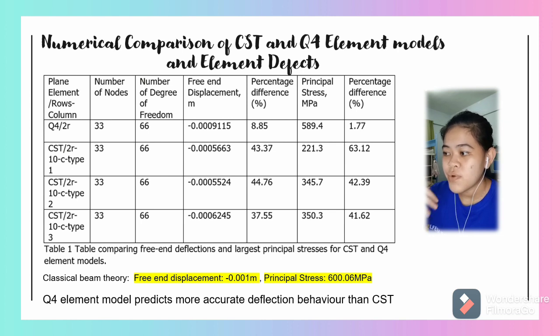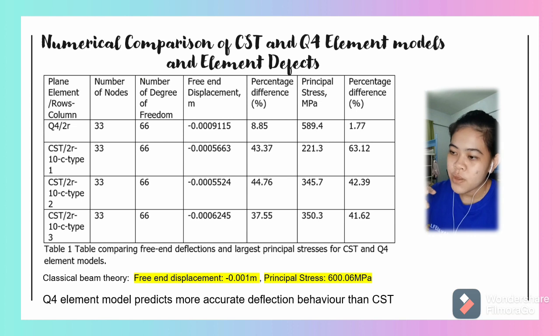And for the principal stress, it is also the same. Q4 has the lowest percentage difference, which is 1.77%, compared to the classical beam theory, which was obtained previously as 600.06 megapascal.